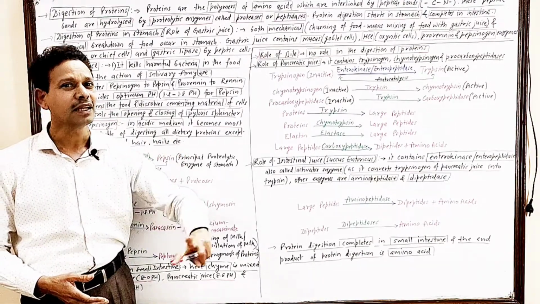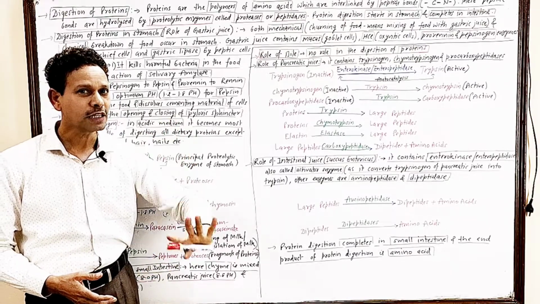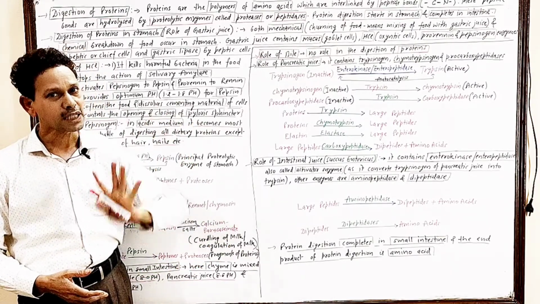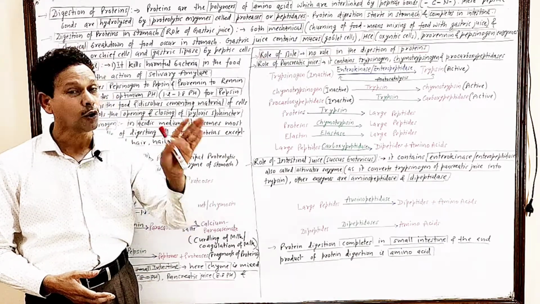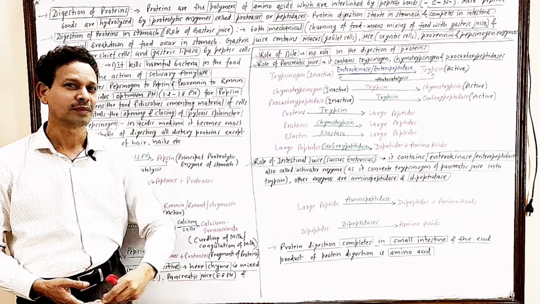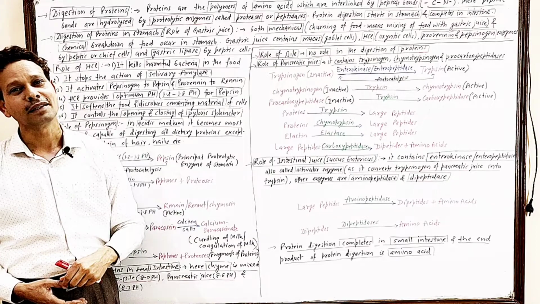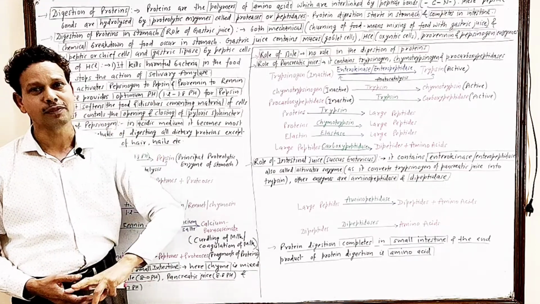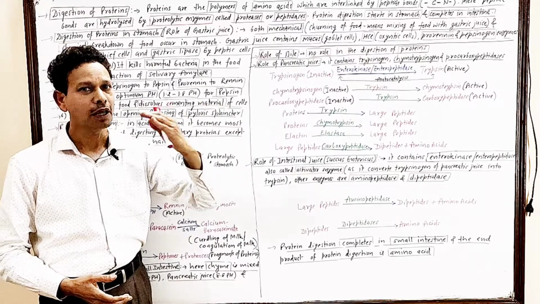It means in case of gastric juice, mucus is present, HCl is present, and that HCl is produced by oxyntic cells, and two proenzymes. These are pepsinogen and prorenin. These proenzymes and HCl play important roles.